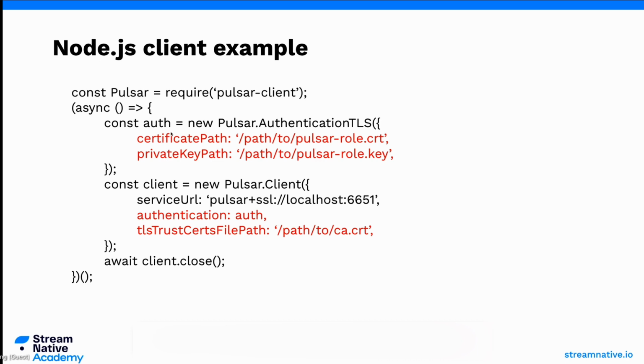Once you have specified this authentication method, you can insert it into the authentication property here, right? Remember, if it's SSL here, you have to specify the TLS trust certs file path, so specify this CRT here. And also the service URL is required.